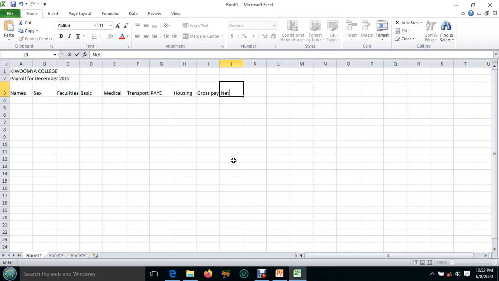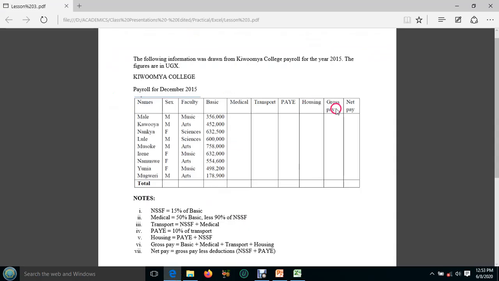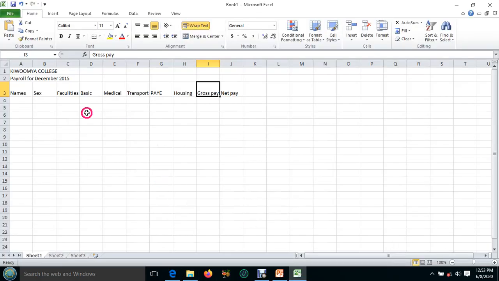Okay, so now we are good to go. And now what we need to do, make sure that these ones are the way they are. So that means that what we can do, you can play around with the text size or font size.